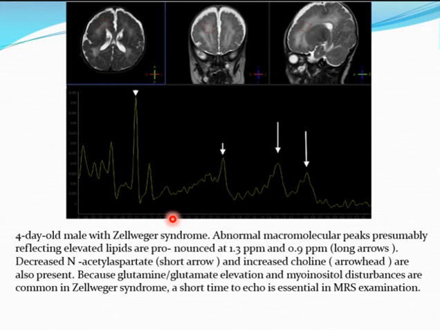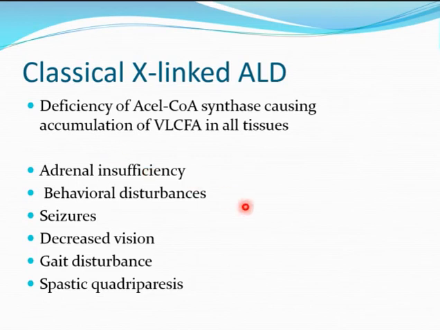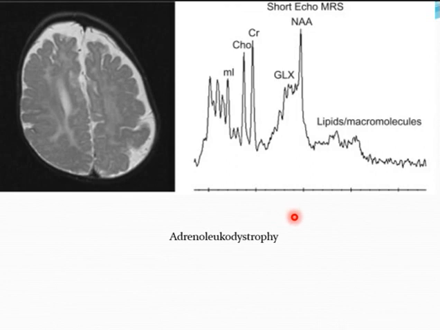These features are common in Zellweger syndrome, and are consistent with metabolic disorders. We have classical X-linked adrenoleukodystrophy, resulting in adrenal insufficiency, behavioral disturbance, seizure, decreased vision, gait disturbance, and spastic quadriparesis. You can see here the NAA peak is a little bit decreased. There you have glutamine, myoinositol, with some lipid lactate peak indicating abnormal metabolism.